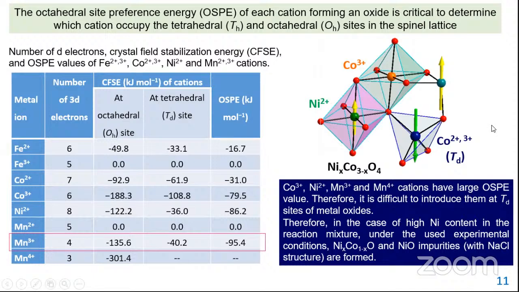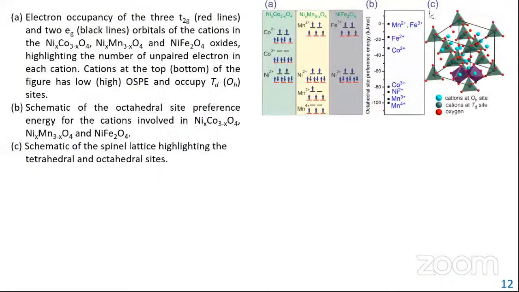So when we put an excess ion in, after occupying the preferable octahedral or tetrahedral sites, they cannot occupy the sites and will form impurities, as we saw for a certain composition of the prepared nickel cobaltite material, which generated nickel oxide and nickel impurities. That will be a little clearer here in this case.